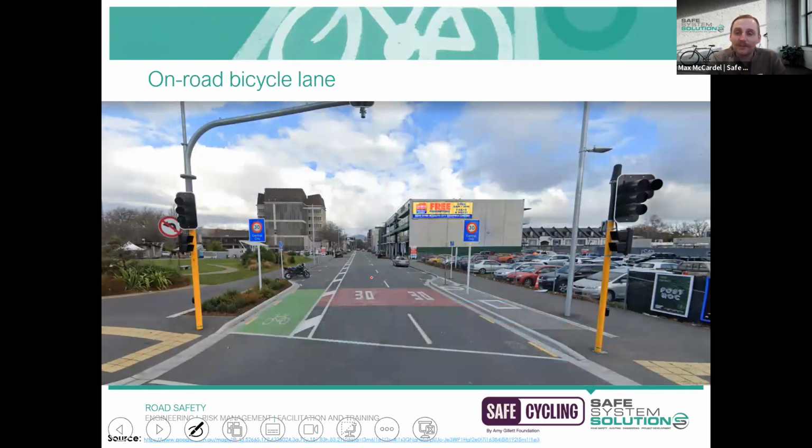Where those parking restrictions may not exist, that is where you may place the chevron buffer width on the adjacent traffic lane side. Now, personally, anecdotally, I'm always much more scared of a door opening than a vehicle traveling into the bicycle lane.